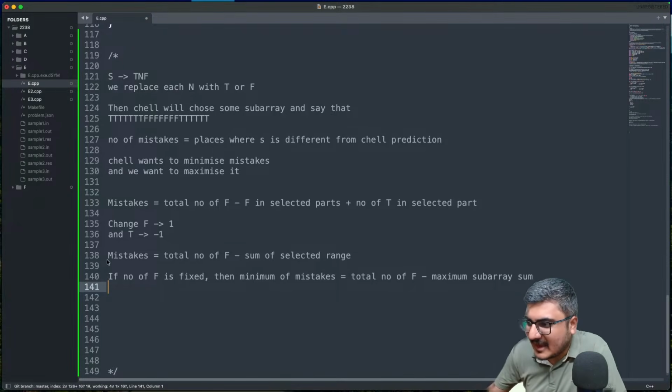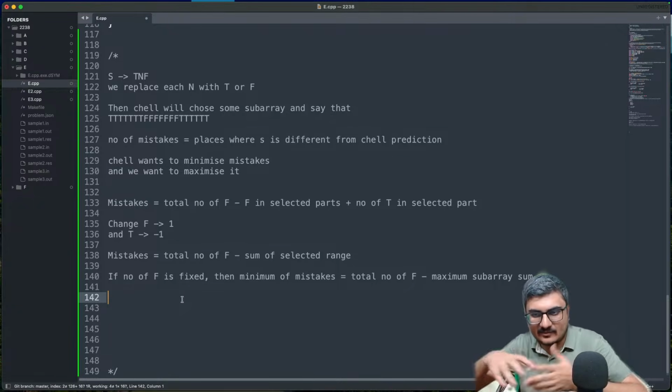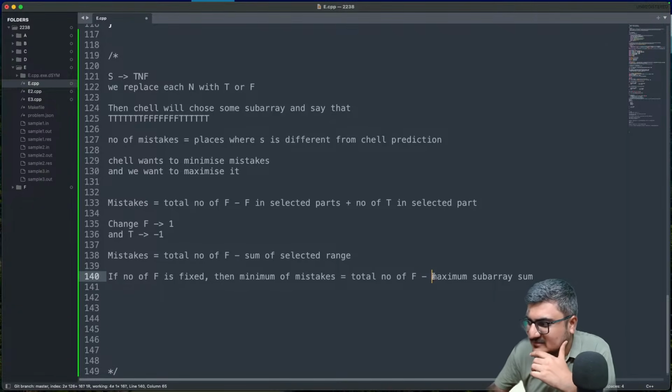Because I want to minimize the number of mistakes, so I should choose the subarray that has the maximum sum. So when I am getting the array, all the elements are already T and F. So the number of mistakes is total number of F in the array minus the maximum subarray sum.